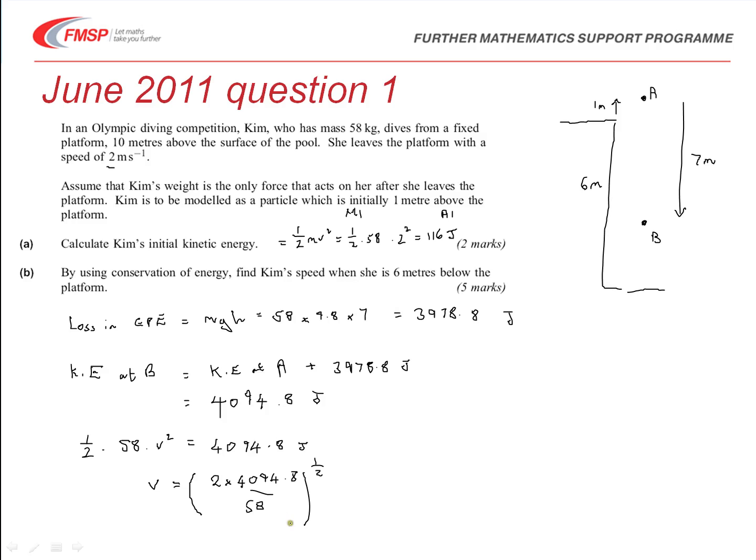And if we work that out, we will get something similar to about 11.88, which, if we round it off to an appropriate level of accuracy, 3 figures, we would get 11.9 metres per second.